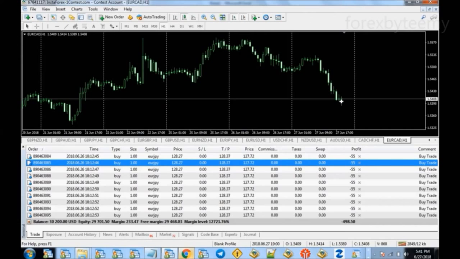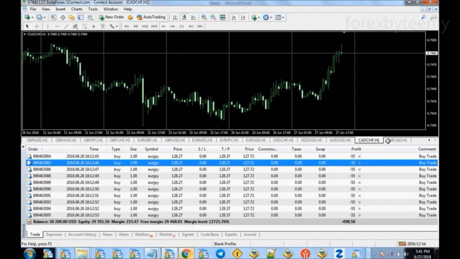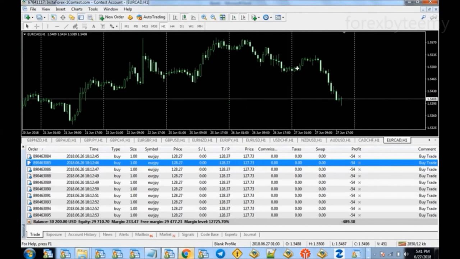Over here it came down at the beginning of the day and is now up, and similarly this one went up at the beginning of the day and has now come down. So some currencies have almost exact correlations, and those are the ones you want to take good note of.